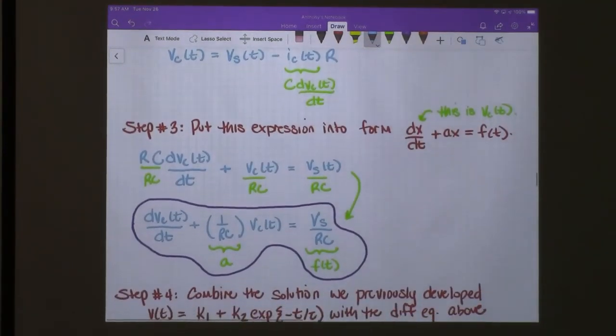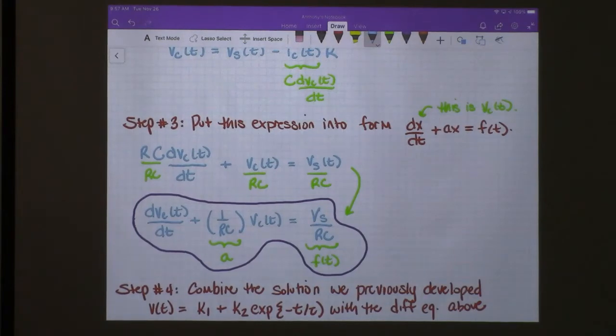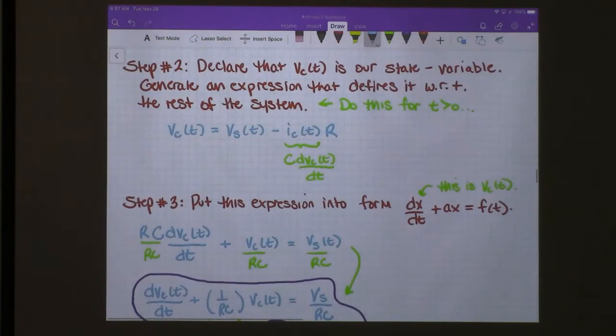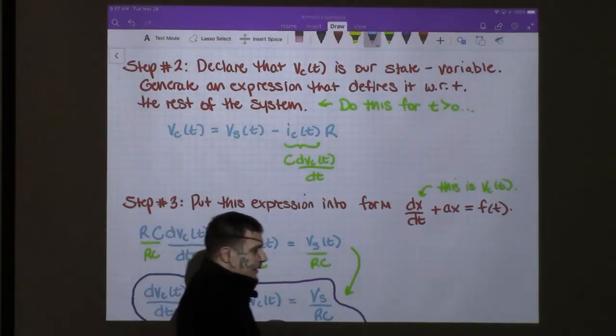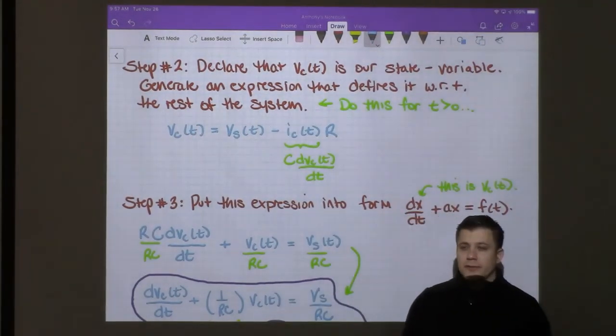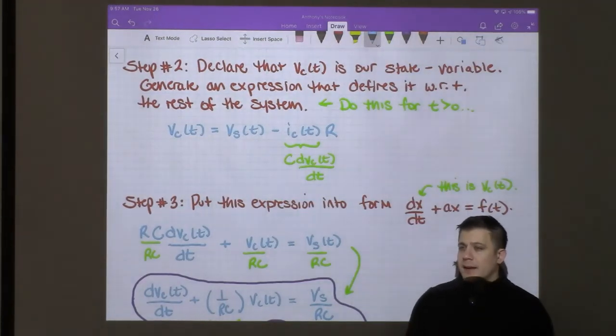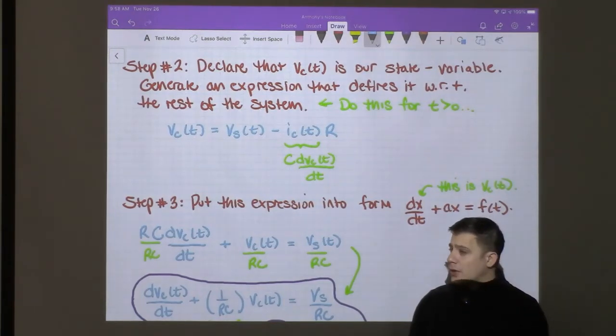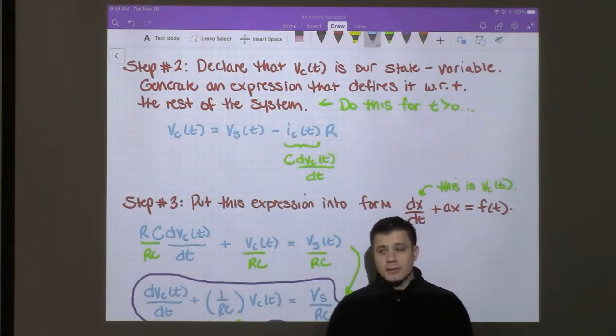Now, the next step is that we don't want to have to solve this differential equation from scratch again. If we can put this into the form of the first order differential equation that we already solved, then we can go ahead and use that same solution.